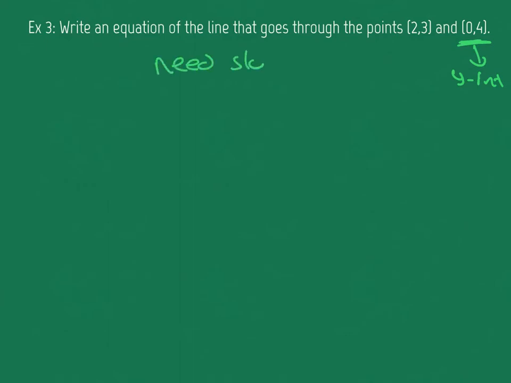When I have 2 points, I can find the slope by calling them x1, y1, and x2, y2, and using my slope formula. Remember, this formula is m equals y2 minus y1 over x2 minus x1. That's the formula you use when you have 2 points and you want to find their slope.